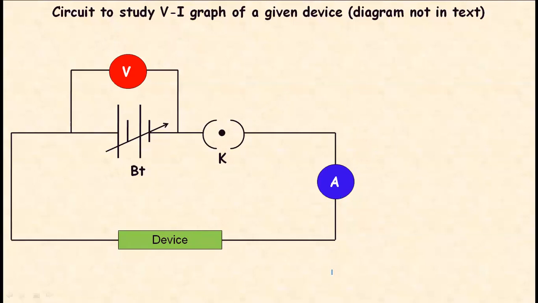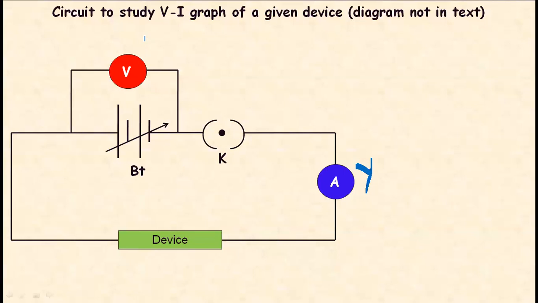Among voltage and current, current depends upon voltage. That is, for a current to flow through a circuit, voltage is necessary. Whenever I say current is flowing through a circuit, that means we would have applied a potential difference or voltage. So which means current depends on voltage. So hence current becomes the dependent factor, and hence I'll be taking it along y-axis, and voltage becomes the independent factor.